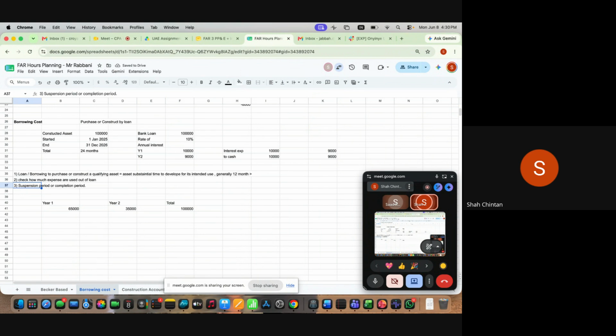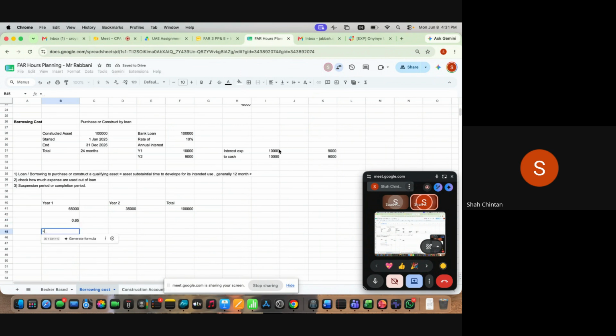Now, the accounting standard says that you can capitalize the interest for the period the money is actually used for the construction purpose. Can I say for year one, even though I have taken a full loan of 1 lakh, I have only used 65% in the construction? So the interest which can be capitalized is a maximum of 65%.